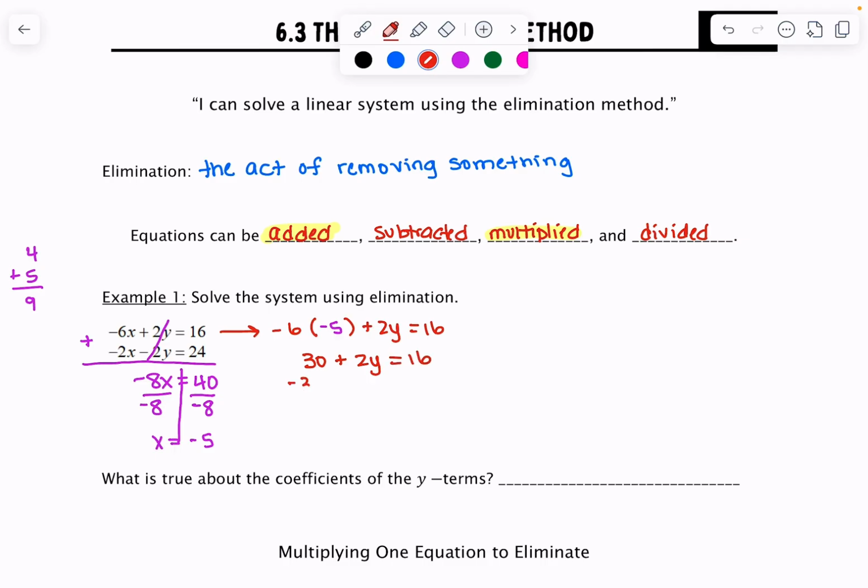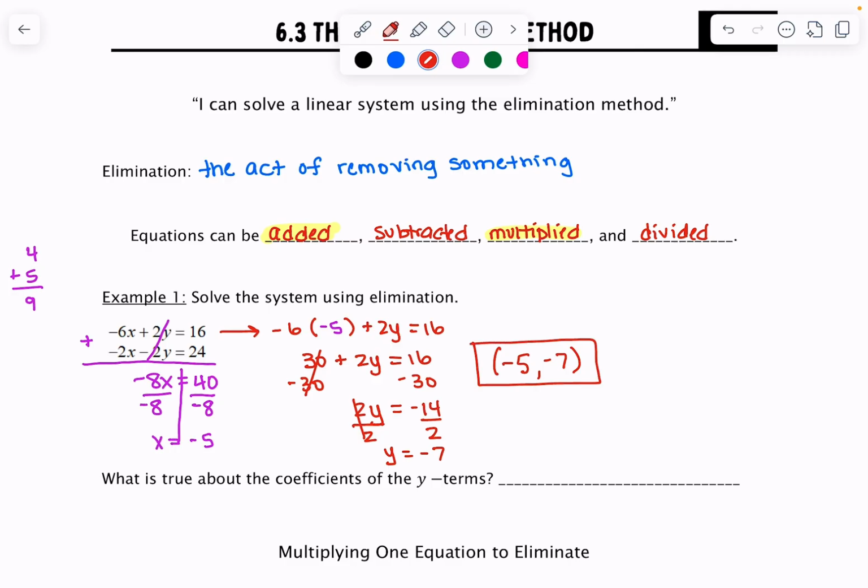I'm going to subtract the 30 on both sides. And I get 2y equals 16 minus 30, which is -14. Divide both sides by 2. And I get y equals -7. So I have a final answer of -5, -7.